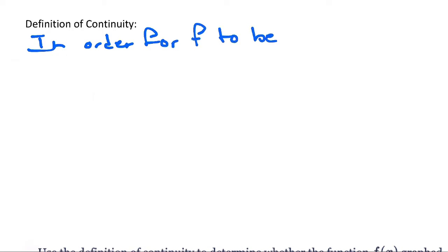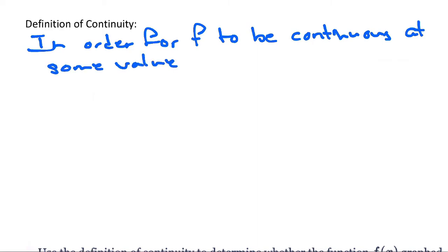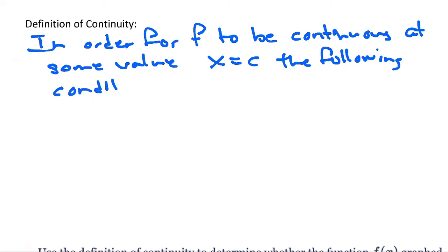In order for f to be continuous at some value x equals c, the following conditions need to be met.